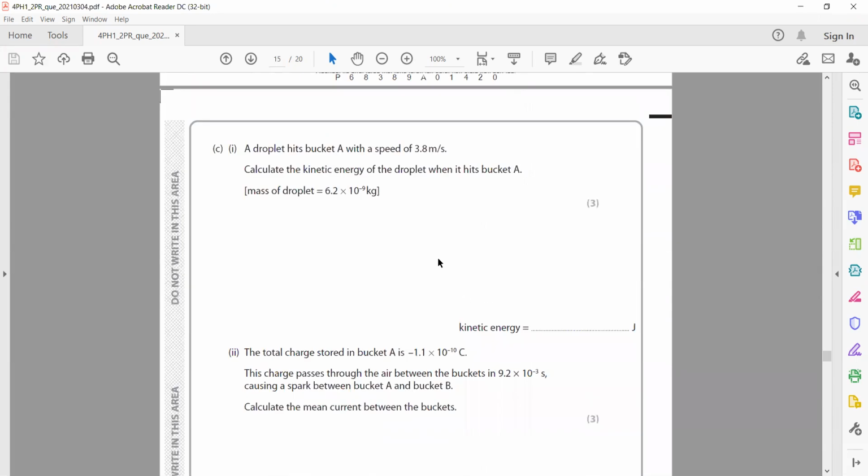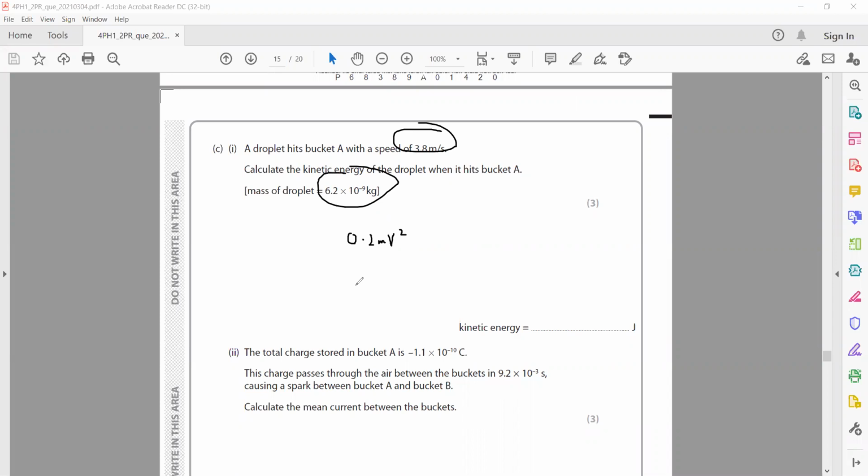A droplet hits a bucket at a speed of 3.8. Calculate the kinetic energy. So kinetic energy is half mv squared. The mass is given as 6.2 × 10^-9, and the speed is given. So we multiply by the speed squared.